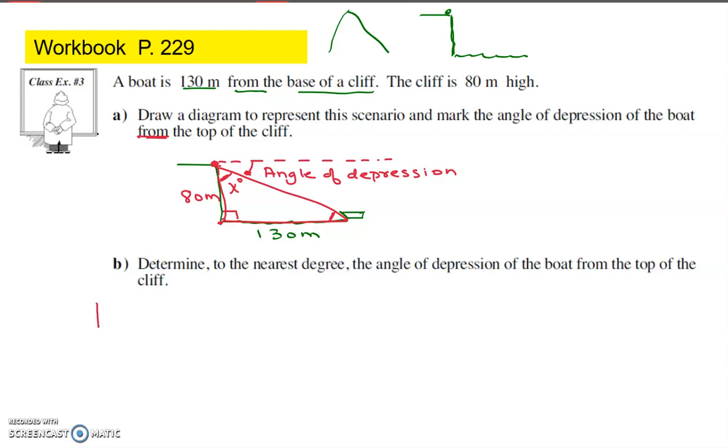Okay, so in your diagram of the triangle, find this angle here. According to this, this is your hypotenuse. This is the adjacent, which we know is 80. This is the opposite, which is 130. So that means I am using the tan ratio.